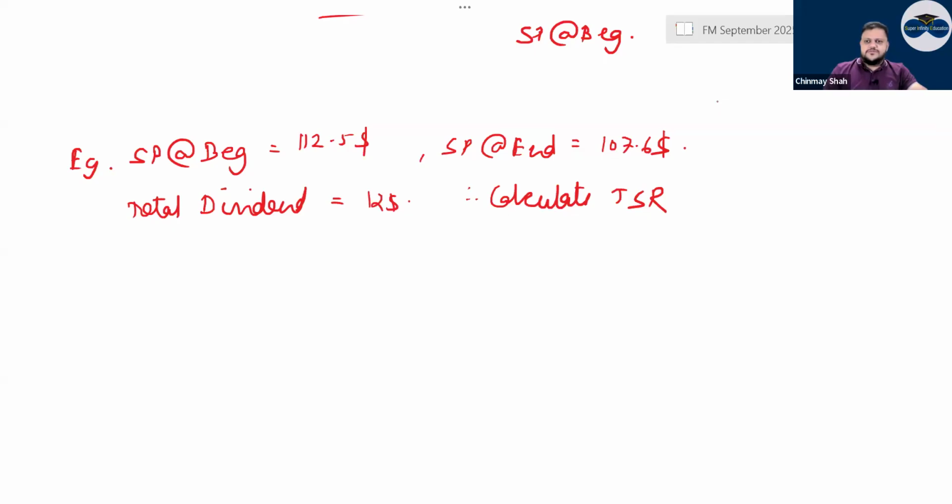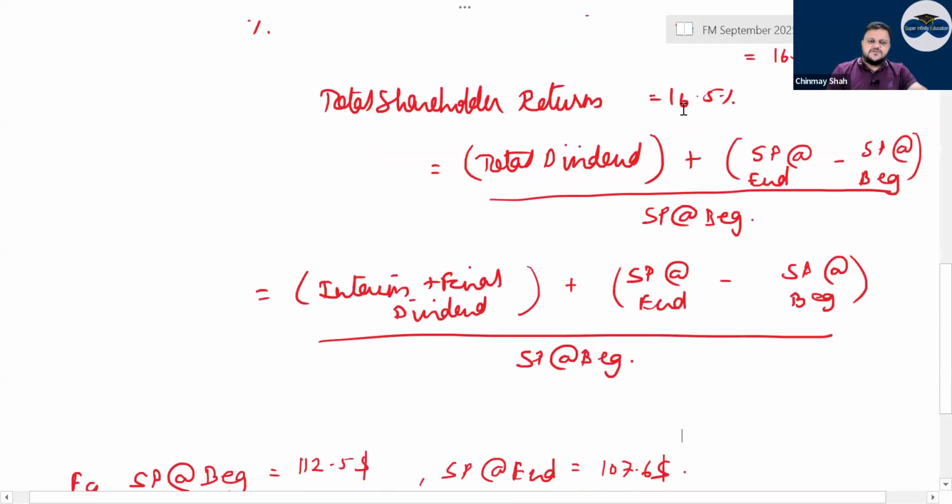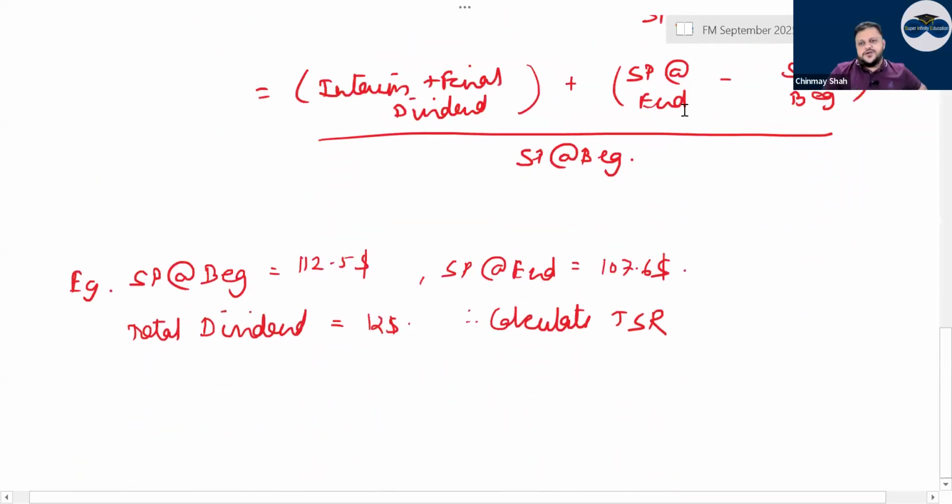Chalo, do it. Who got 15%, right? Krisha? Got it. Everybody got 15%. Have you written the formula? Have a look. Now see, how much is the total dividend?